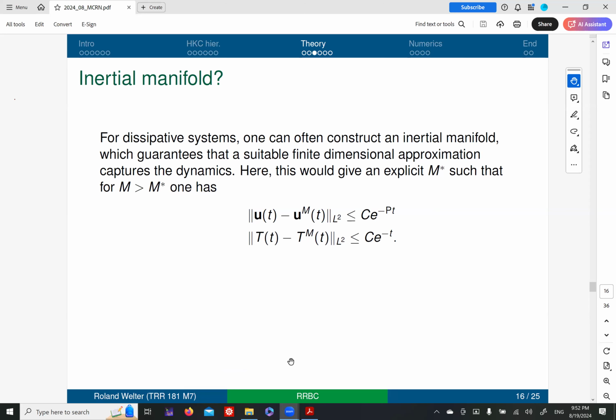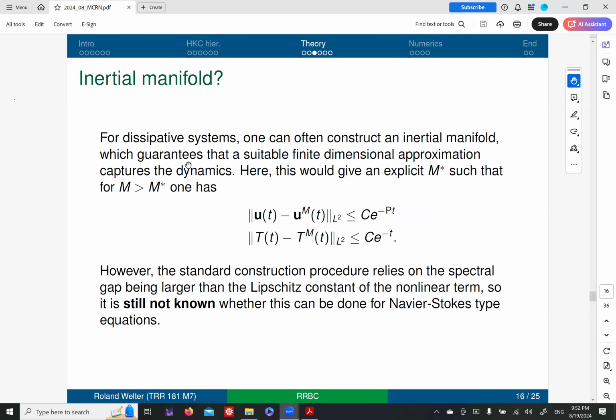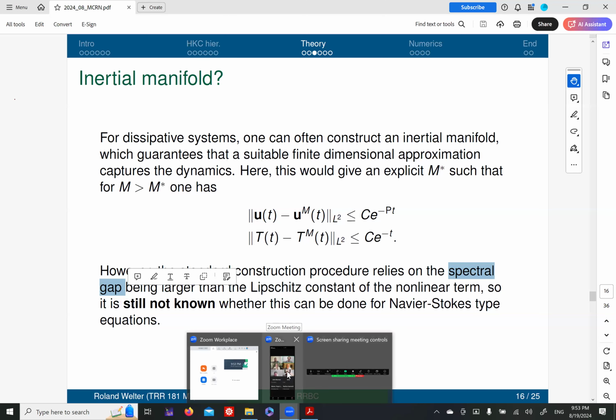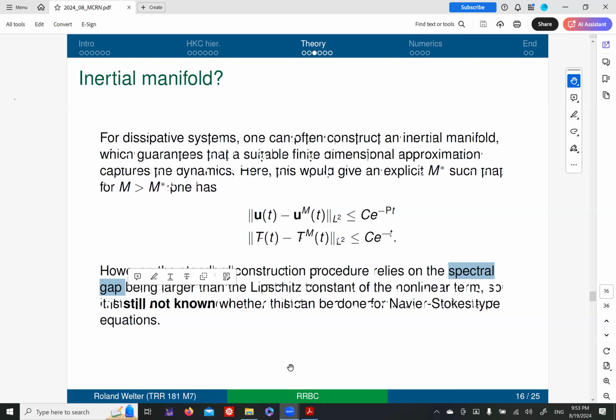But I skipped over this a little bit. The method for constructing an inertial manifold relies on there being a spectral gap between the eigenvalues of the Laplacian, or well, eigenvalues of the linear evolution.